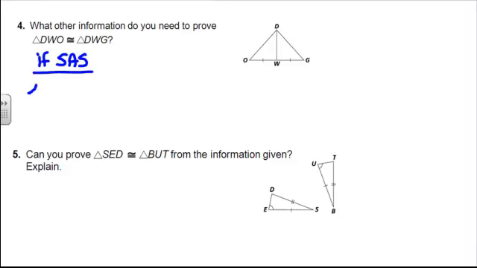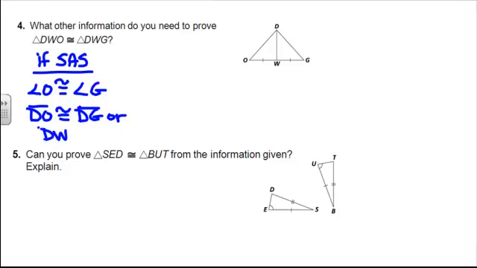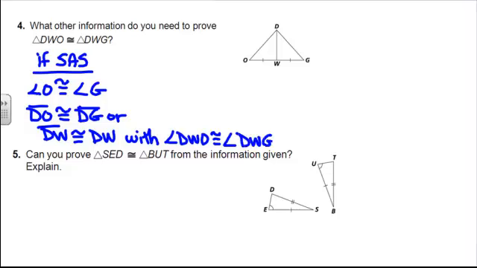So I would need angle O also congruent to angle G, and I would need side DO congruent to side DG, or DW congruent to DW with angle DWO congruent to angle DWG.